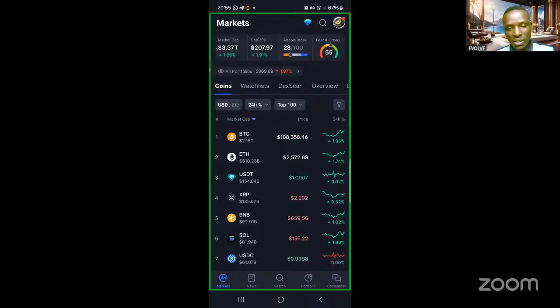The other coins that I want to talk about, if you are trading, are what we call meme coins. Meme coins are coins that don't solve any problem. They are coins created for fun by different people, different celebrities. Even you can create a meme coin.